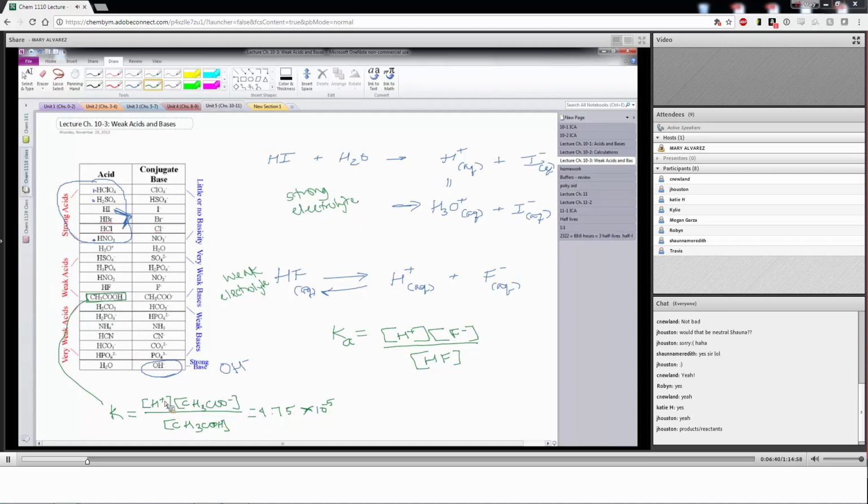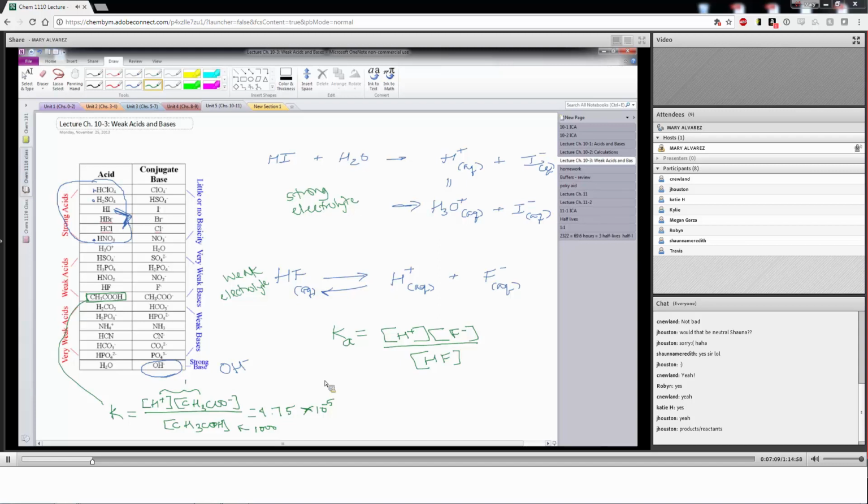And it tells us that for every one molecule that does dissociate, you've got about 1,000 molecules that stay undissociated. So you can see why we call this a weak acid, because it doesn't dissociate completely, it only dissociates a teeny bit, but that teeny bit is enough to make it measurably acidic.